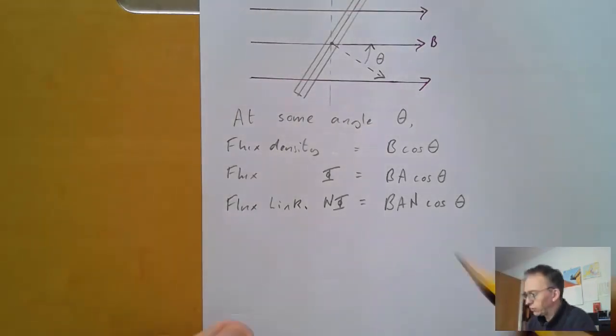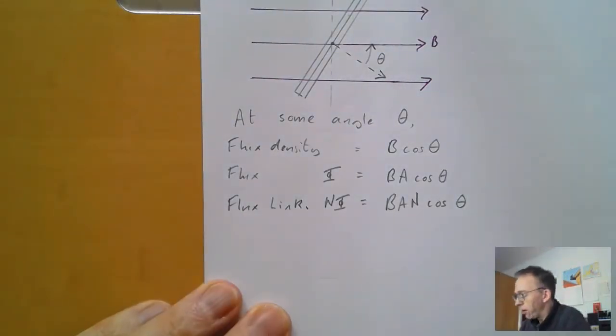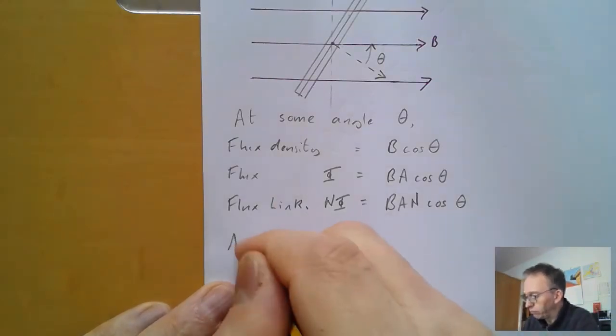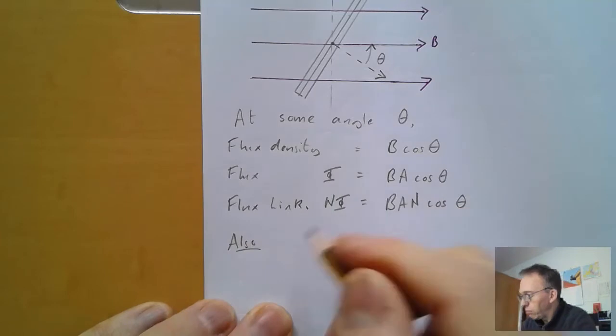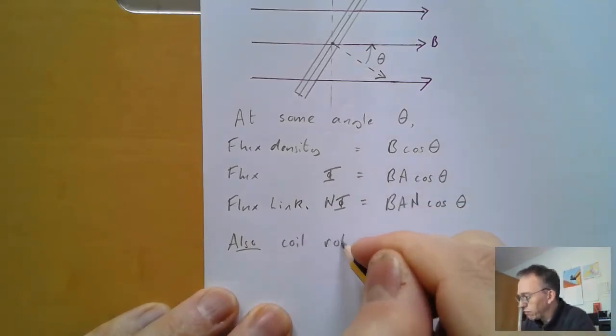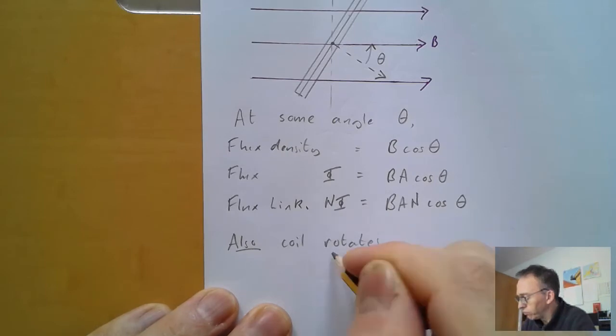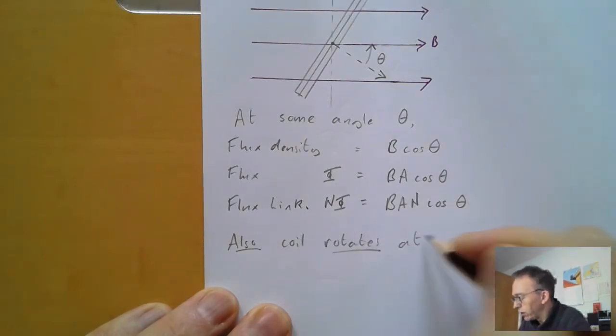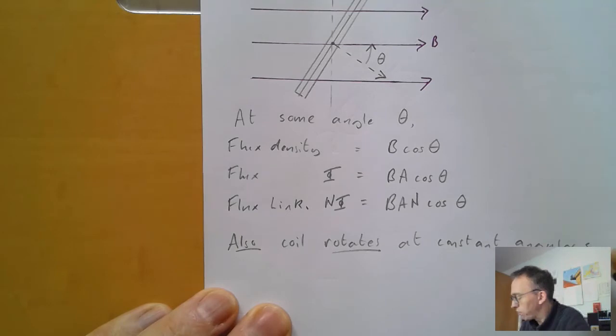Now, theta is the angular position of the coil. But the coil rotates at a constant angular velocity, or angular speed, as I think we prefer to call it, of omega.